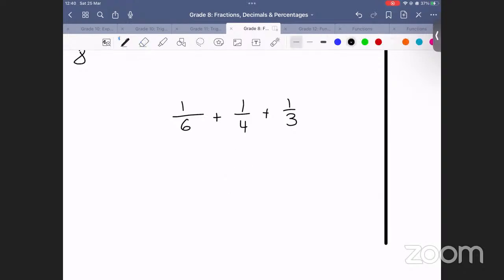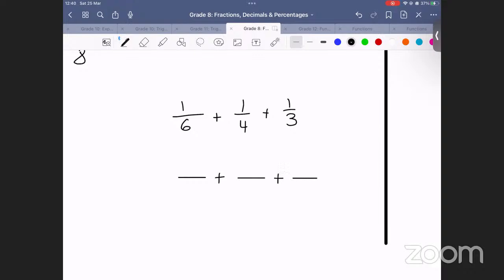You cannot add, that's a rule. If they have different denominators, you cannot add the numerators. You need to get them all to the same denominator. When you get them all to the same denominator, that's when you can add them. The method to get them to the same denominator is to find the lowest common multiple between all of them and make that denominator the same across.